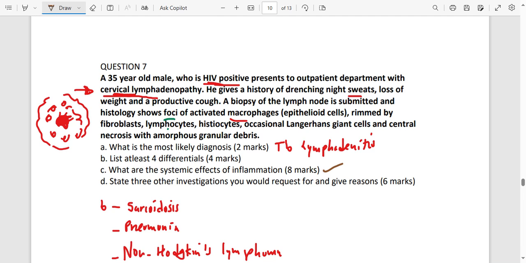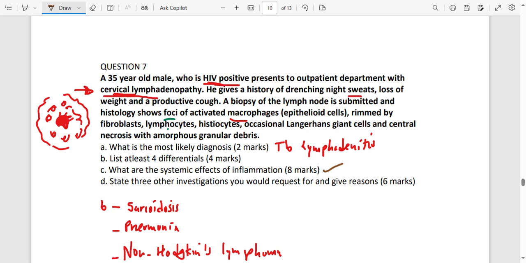So if we go back now to D, which is saying investigations that we can do. I did mention the erythrocyte sedimentation rate and these other things. But we can as well look, as our doc said, at the respiratory system. You expect that for you to have extrapulmonary TB, you already had pulmonary.